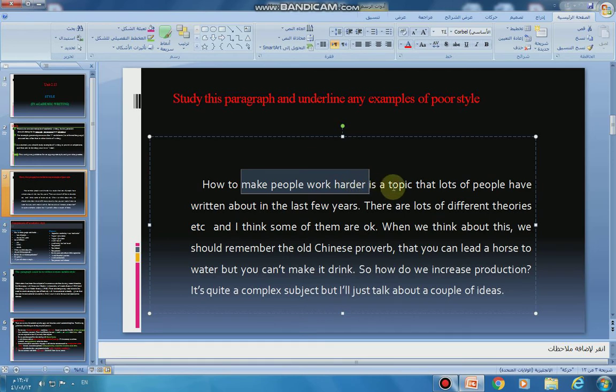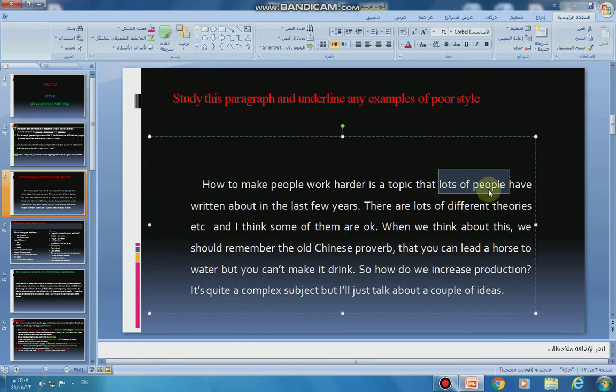It is a topic that lots of people have written about. When I say lots of people, we haven't indicated who these people are. How many people, and who wrote about this topic?